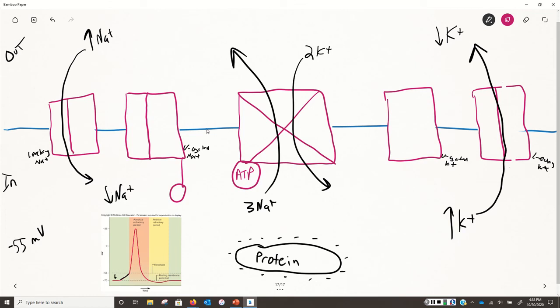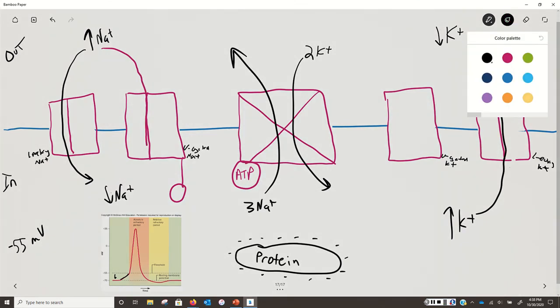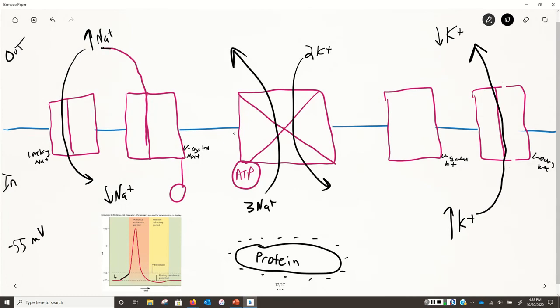Remember permeability. We have just made the cell more permeable to sodium. So sodium is going to continue to come in down the leaky sodium channel, but he's also coming in through the voltage-gated sodium channel.